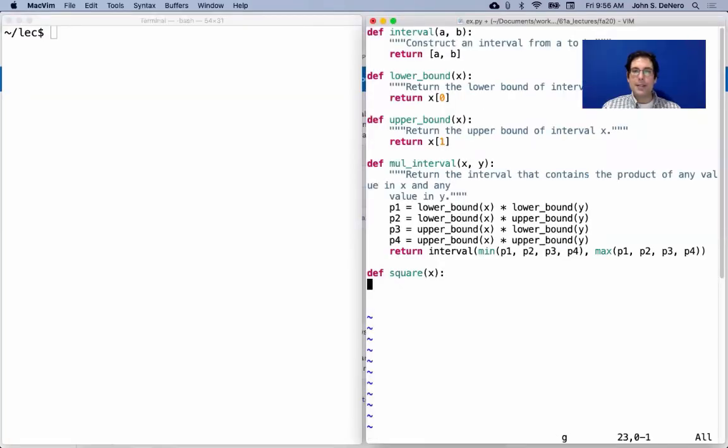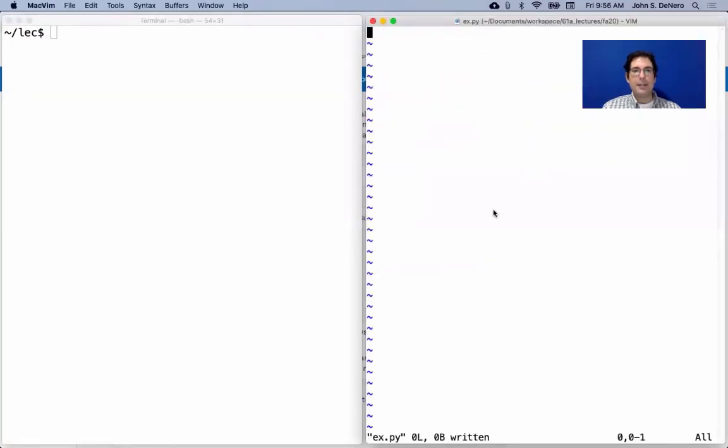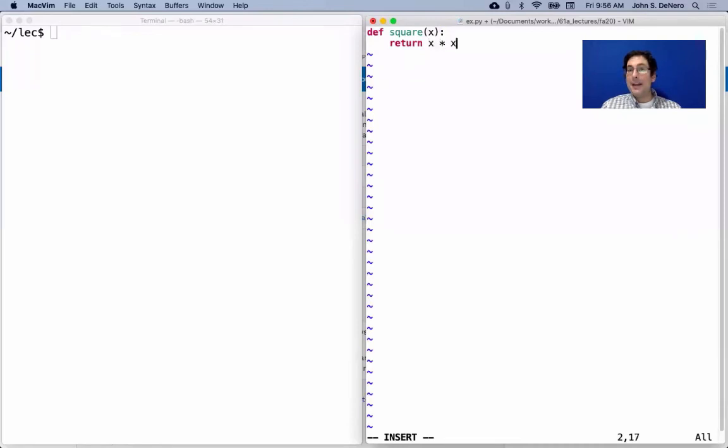Okay, what's a static method and when would you use it? A static method is just a function. And you would write it like any other function. Like if I want to be able to square a number, I would write that. What if this function was really associated with a class in some way?